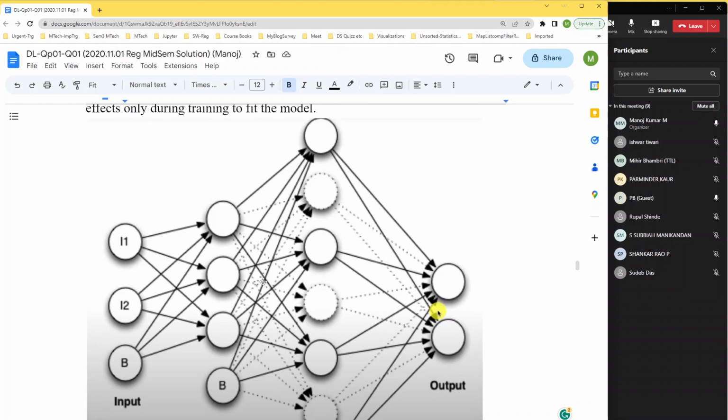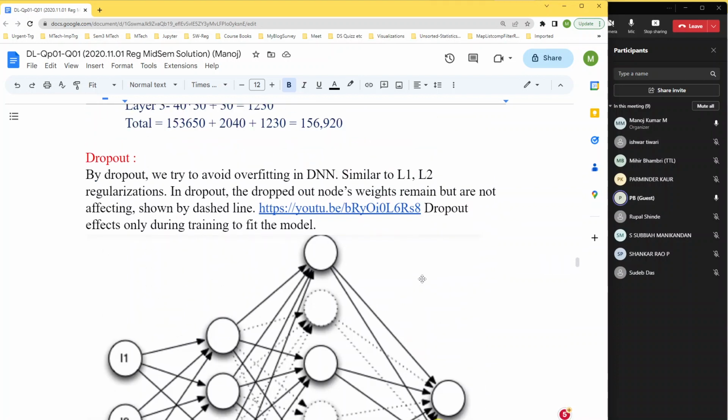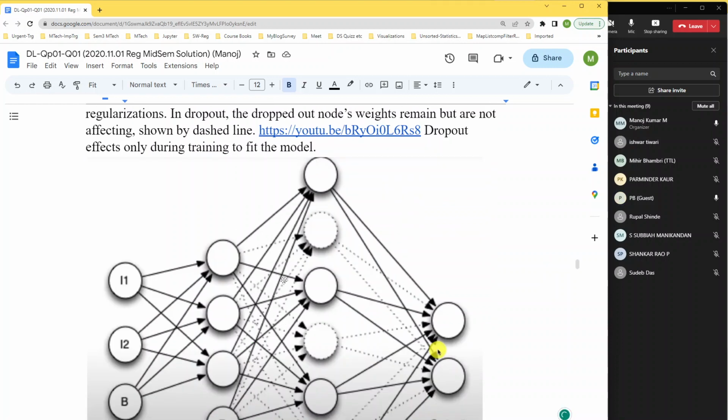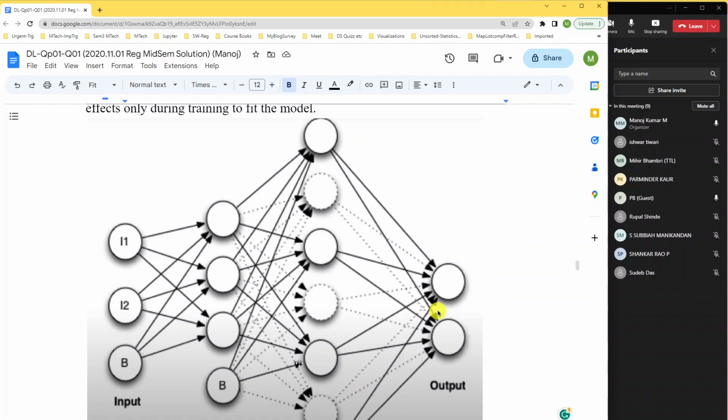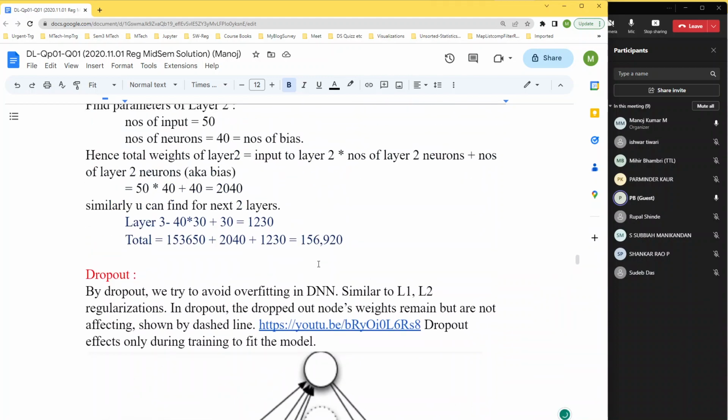What happens is when you have so much deep learning, the overall performance will suffer from overfitting of the model. To avoid that, during the learning phase, during training, some of the nodes will be deactivated, and that's called dropout. So we can give a dropout value.